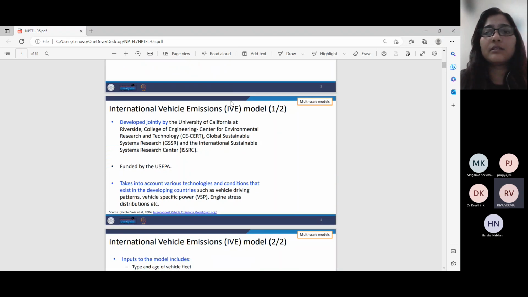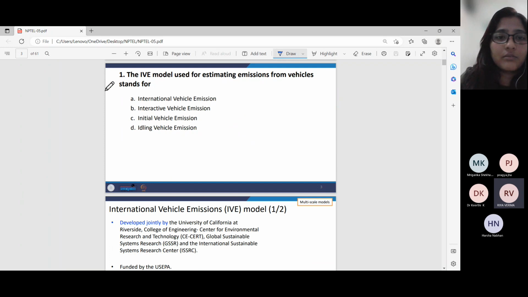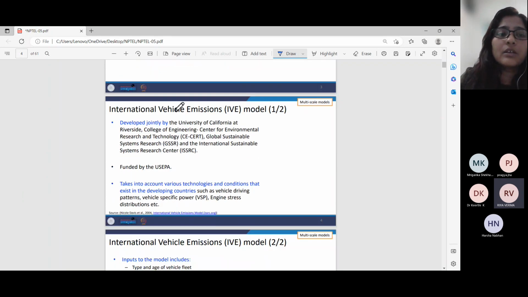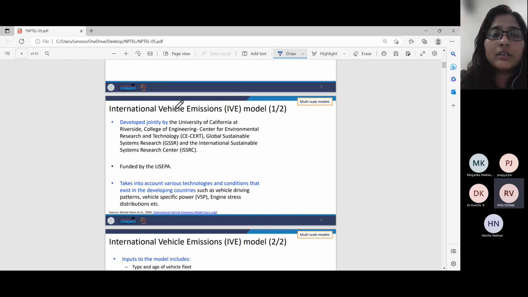Okay, let me explain this. Yes, your answer is correct, it is international vehicle emissions. So this IVE model was developed jointly by the University of California and the Global Sustainable Systems Research and International Sustainable Systems Research Center, and it was funded by US EPA.